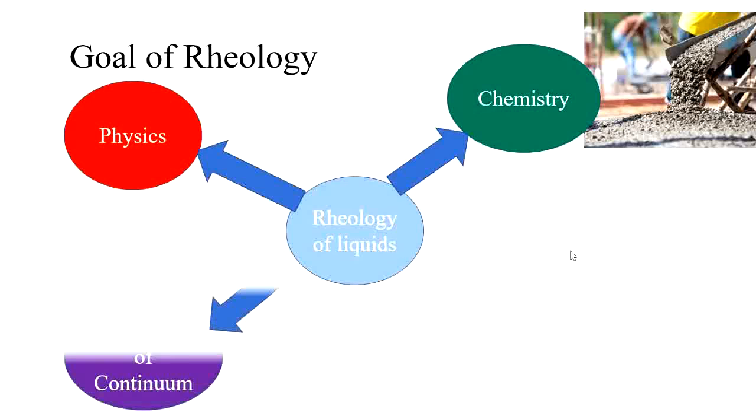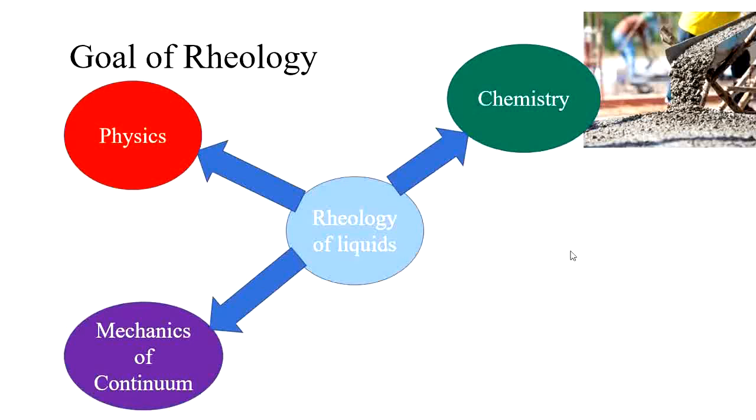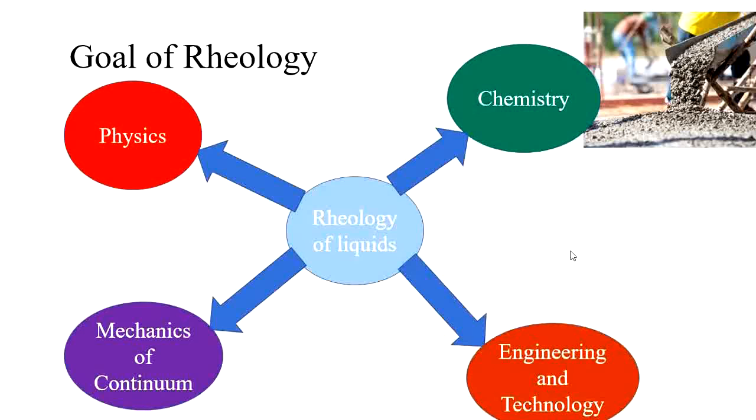And finally, by using the basic principles of shear stress and shear rate, we will be able to find the rheological properties of concrete. Finally, in engineering and technology, in order not to diminish the basic materials, that is fine aggregate and coarse aggregates, and to save those elements, we are using a huge amount of waste products inside concrete. So in order to learn all these parameters and to use the various techniques, we will be using the rheology of liquids concept.